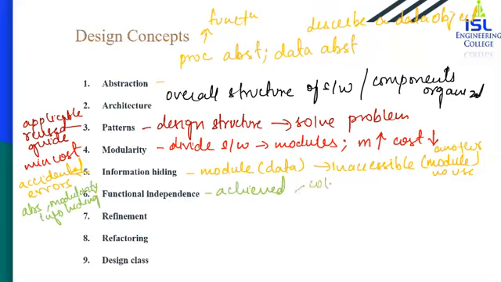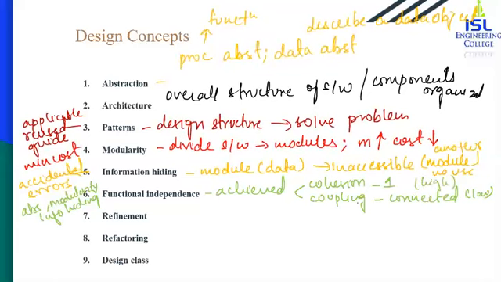It was cohesion, the degree to which a particular module performs only one task, and the next one was coupling. Coupling means how much one module is connected with another module. Whenever you're designing software, you're going to focus upon low coupling and high cohesion.